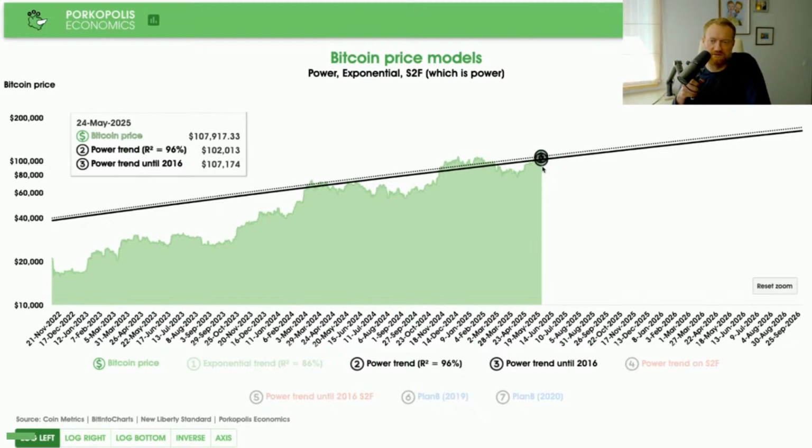108,000 roughly Bitcoin price. The all-time power trend puts the trend at 102,000. And if we had only taken the data from 2016 and held it until today, and extended, of course, as the regressions do, you can predict into the future. The 2016 regression prediction is 107,000.